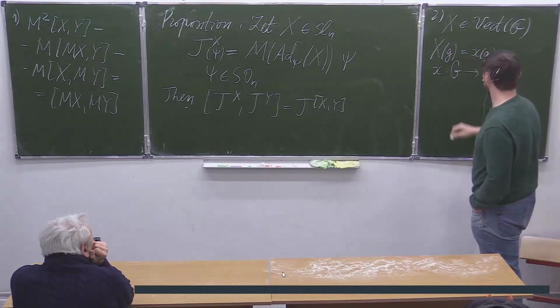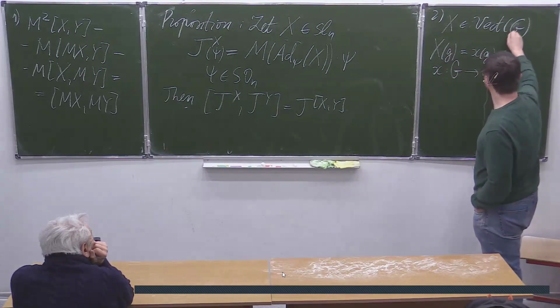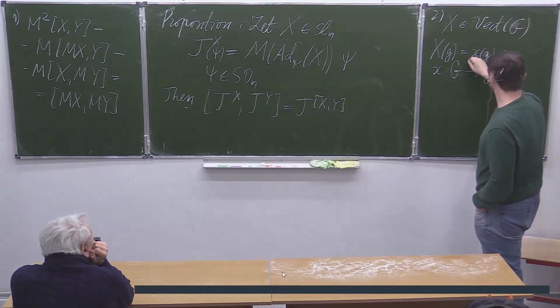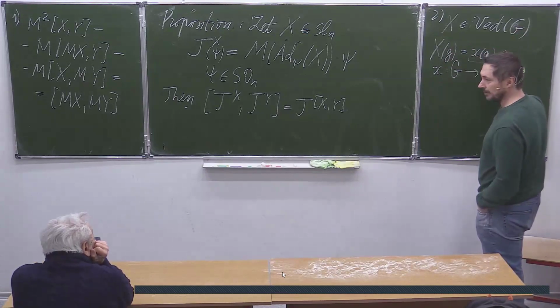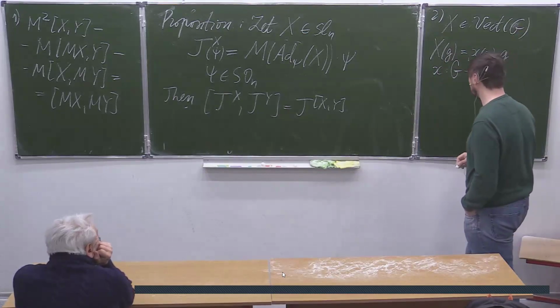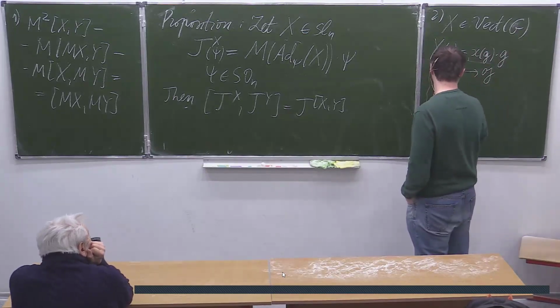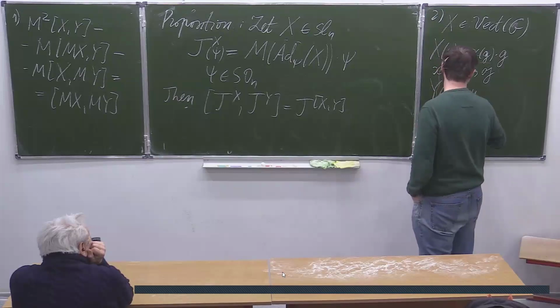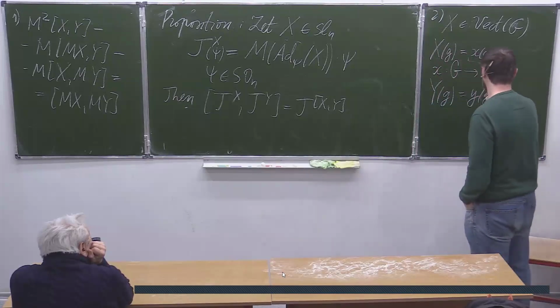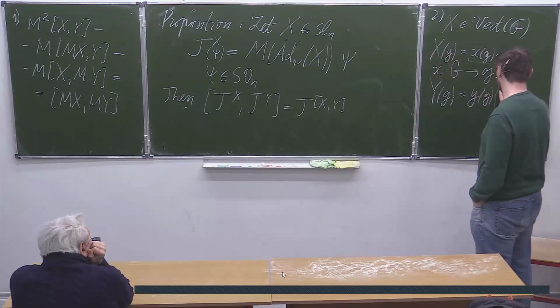And we use the right translation on G to pull all the vectors from the unit of the group to any given point. Then we have the same formula for Y, where instead of x of G, we use y of G.